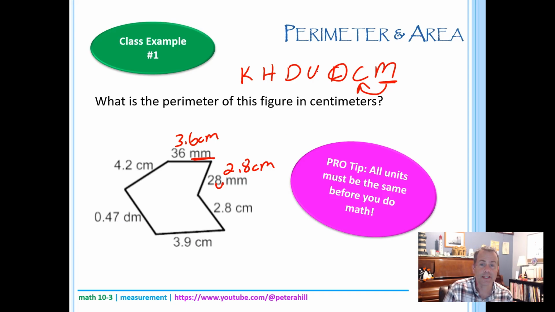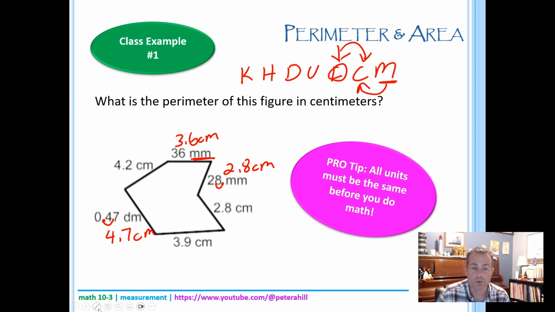For decimeters, that's right here. And so we want to actually end up moving our decimal place to get back to centimeters. We're going to go 1 to the right. So that's actually going to be 4.7 centimeters, because our decimal place was here, and we're just going to move it over to the right one. And then our 4.2 centimeters is totally okay.